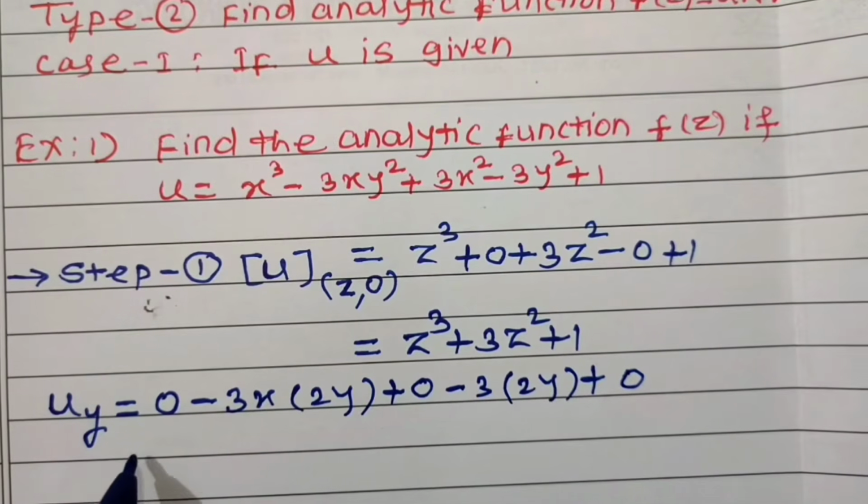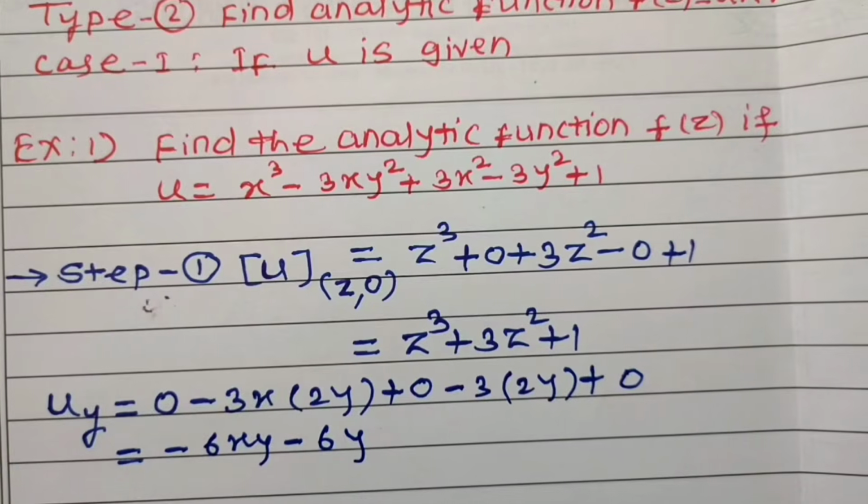Simplify this. This is equal to minus 6xy minus 6y. This is partial derivative of u with respect to y.